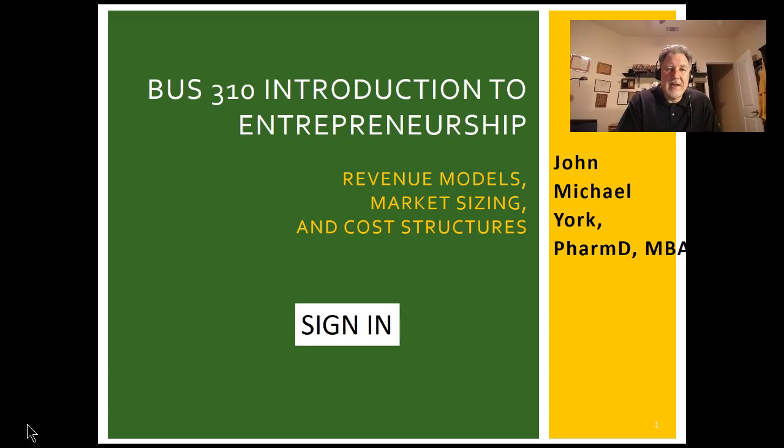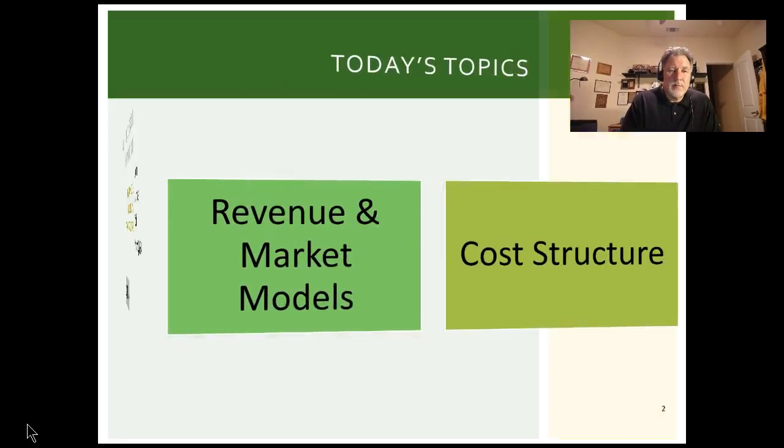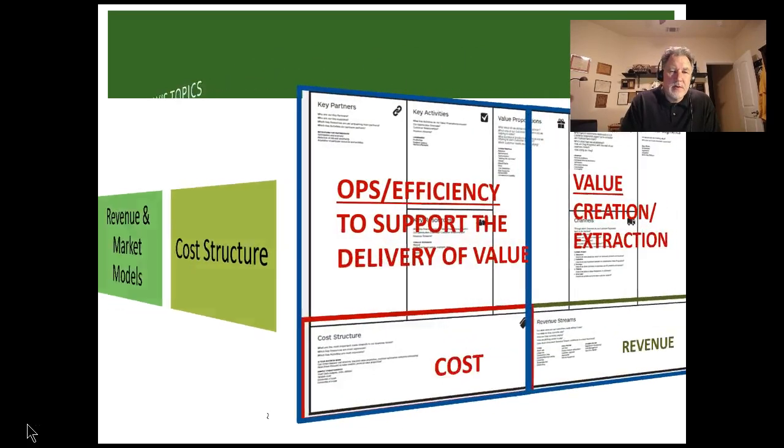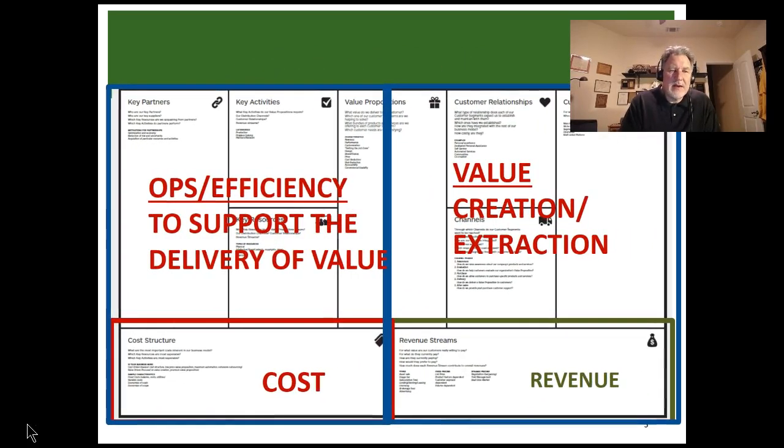and to be able to progress into talking about the value proposition canvas. So two things we're going to cover: revenue and market models, and a little bit about cost structure. I think we covered this already in terms of the canvas. The canvas is going to drive a lot of things. We will get in more detail.